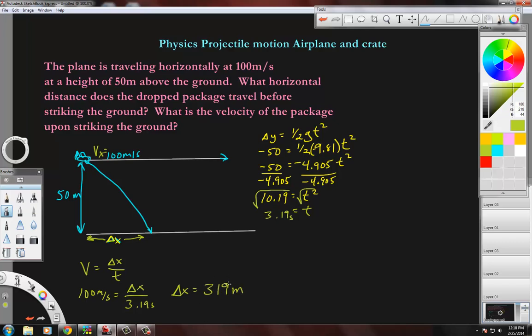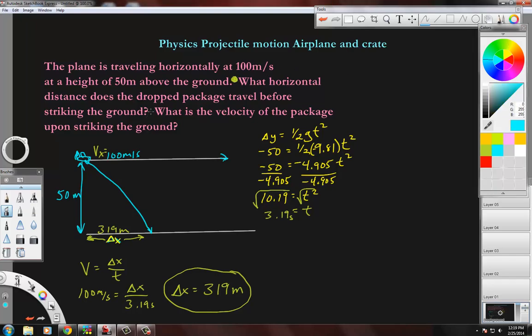So to find out how far this thing went, it would simply be 319 meters. So that's the first part of that, so that gets a circle around it. There we go. Now, that's the first part. So that satisfies this part here.